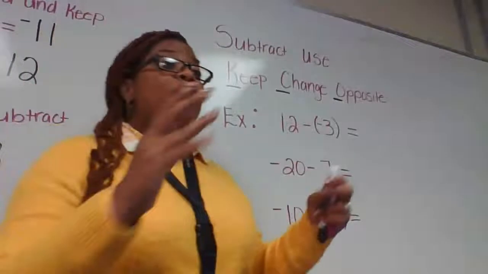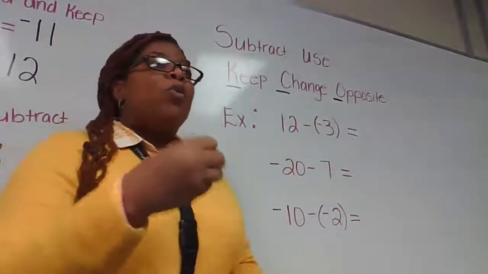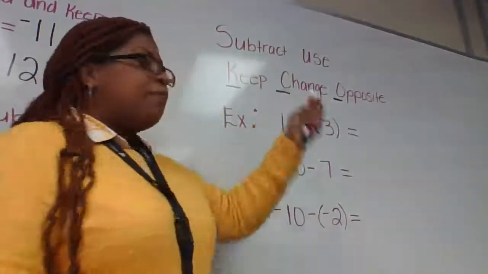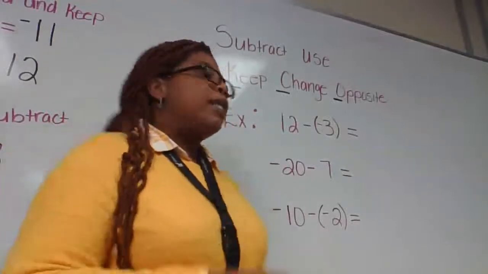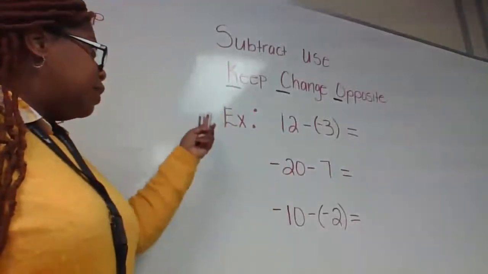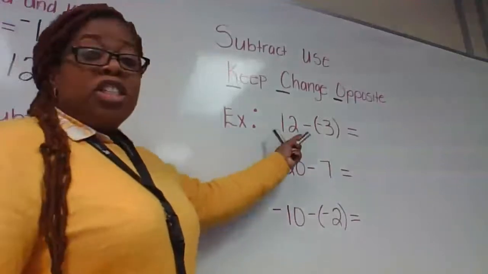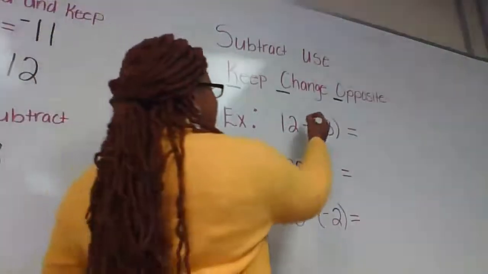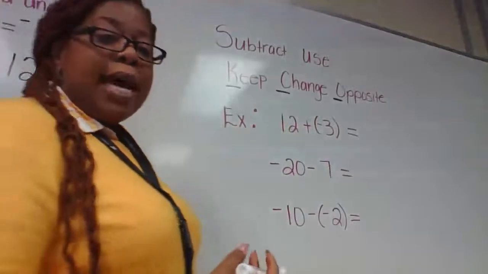Now, this little note that I want you to put in your recipe books, just like earlier. This only applies when we are subtracting. Keep, change, opposite only happens when we are subtracting. Okay? Subtracting. So keep, change, opposite means we keep the first number, we change the subtraction sign to a plus sign, and then we take the opposite of the last number.